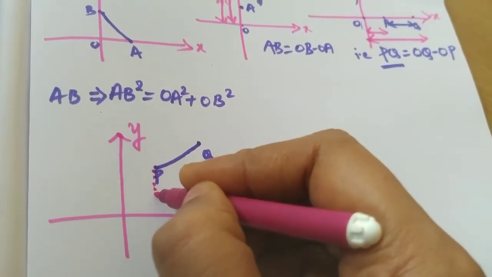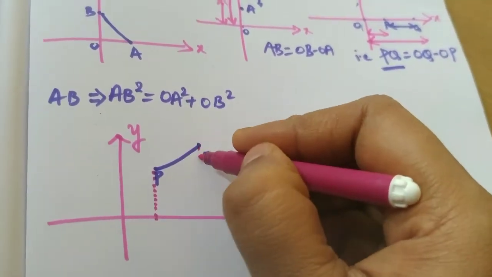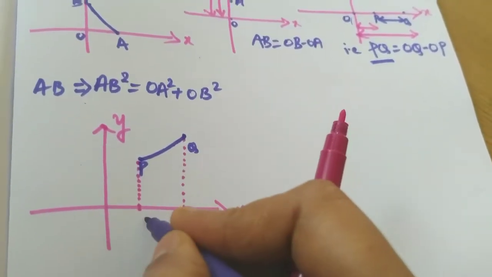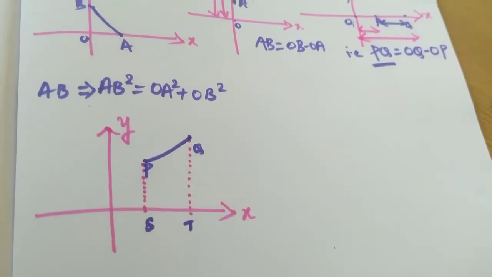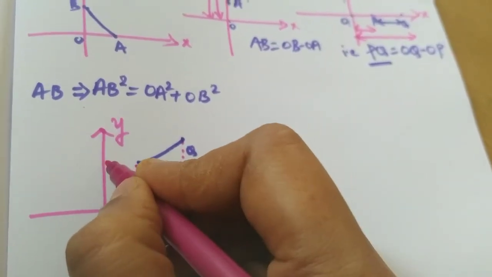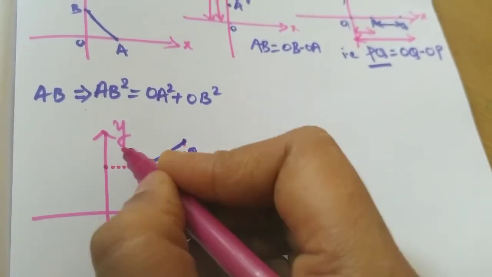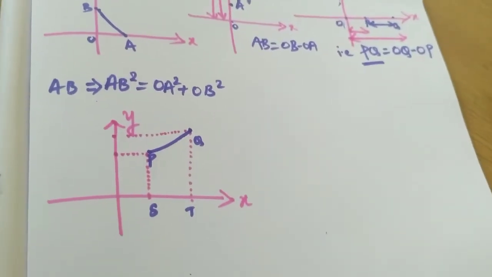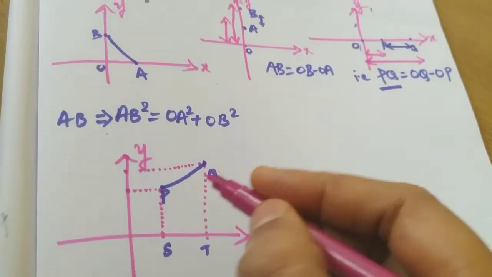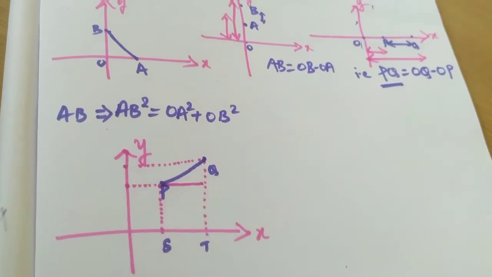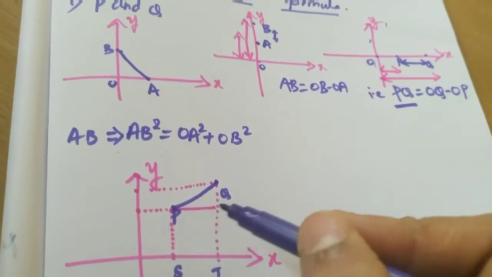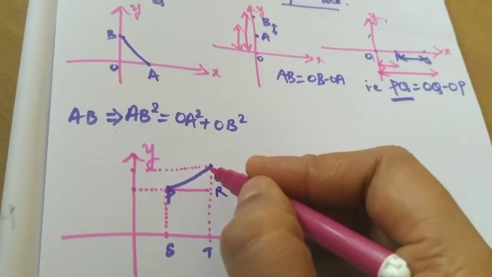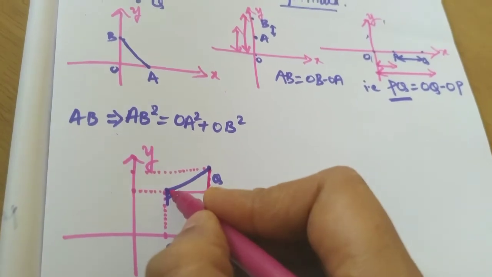So I am taking a perpendicular line from the point to x-axis. You can name it with S and T, whichever is okay for you. And also you need to take the parallel line with respect to y-axis. And you can see here it is an intersecting point. Let me take it as R. Now you can see this forms a triangle.